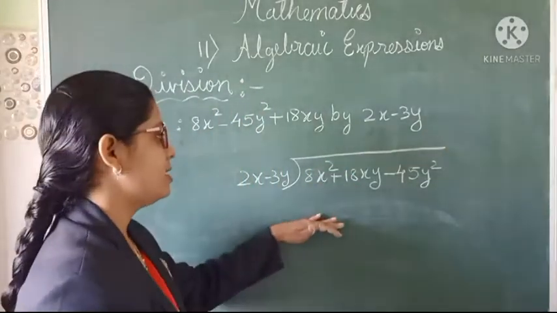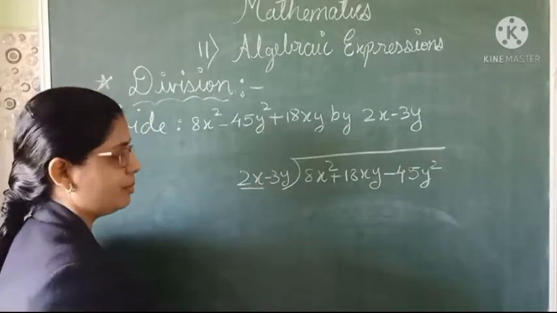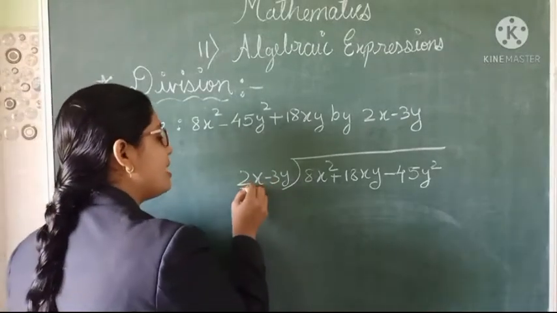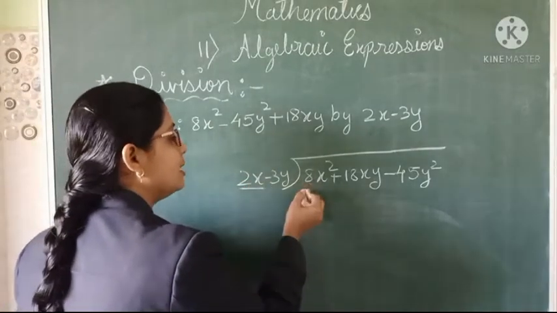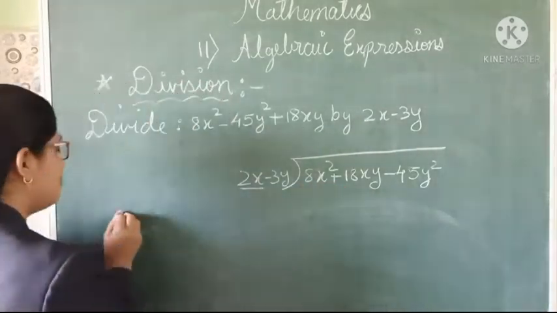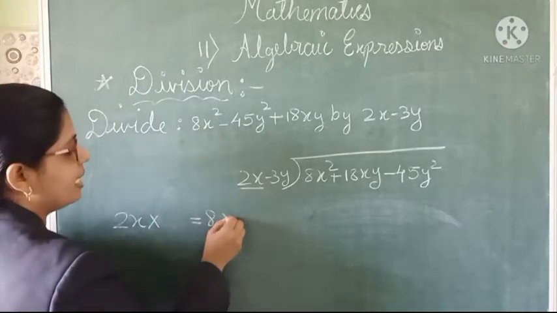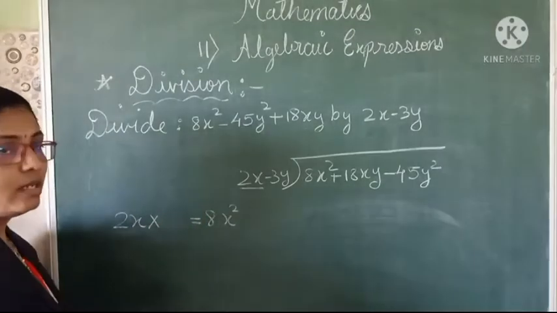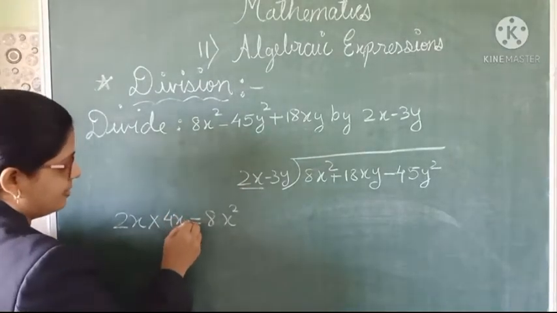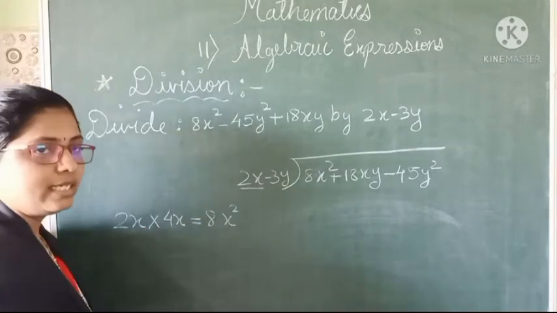Now after this you have to just concentrate on the first term of this binomial, which is 2x. Now what should I multiply with 2x so that I will get the answer as 8x square? I will multiply 4x. Right? 2x into 4x, it will be 8x square.